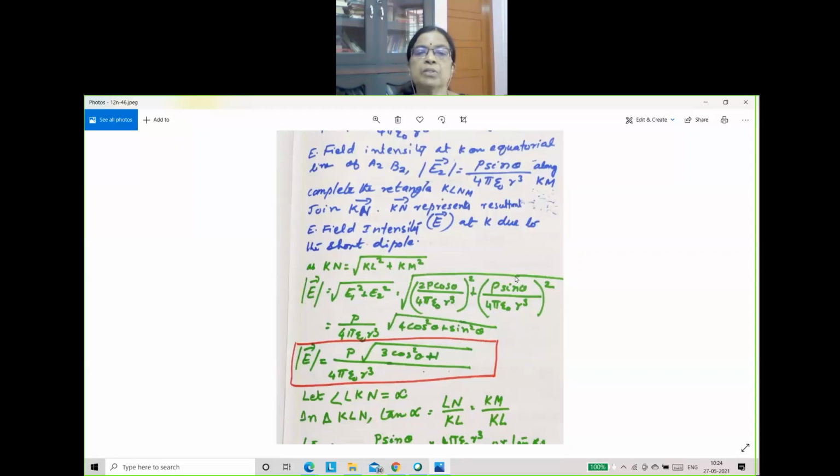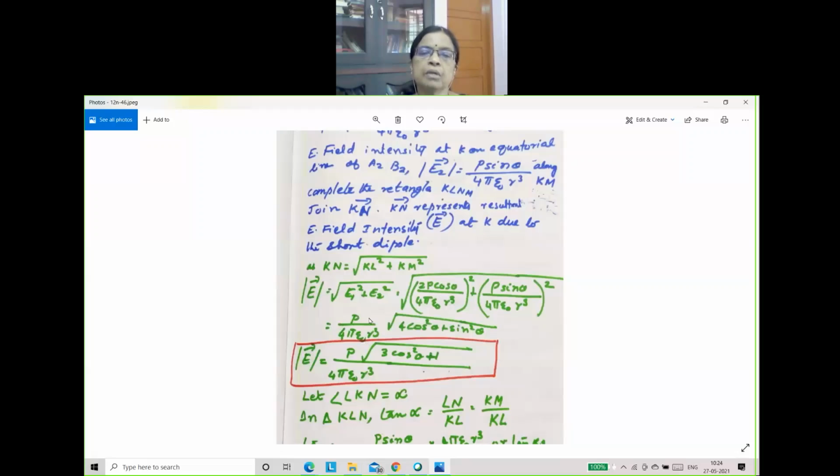Common factors are taken outside. See, 1 by 4 pi epsilon 0 r cube is there in both terms. Actually, inside there is a square, so when it is taken outside the root, it becomes p by 4 pi epsilon 0 r cube, outside the square root.